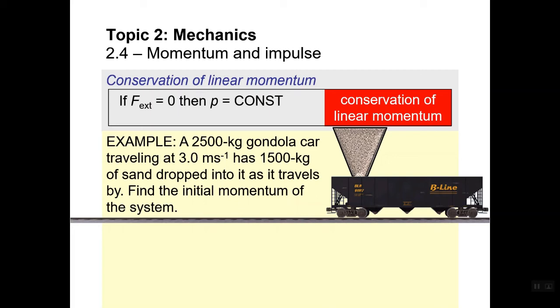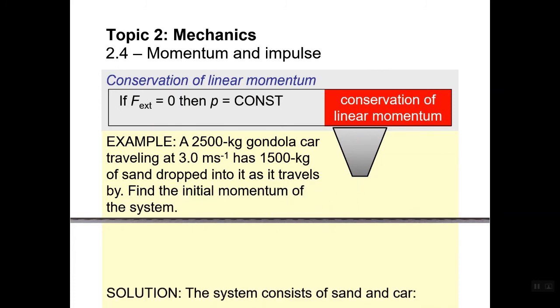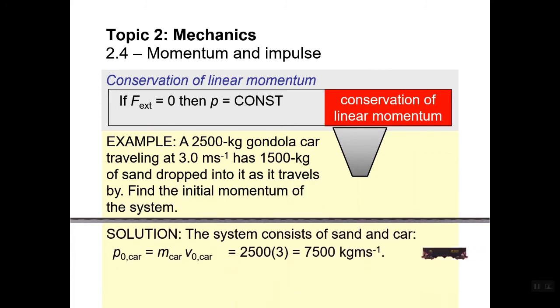Let's take a look at the initial momentum of the gondola car. Initial momentum of the gondola car equals mass of the gondola car times the initial velocity. Mass of the gondola car is 2,500 and initial velocity is 3. So that gives us 7,500 kilogram meters per second.